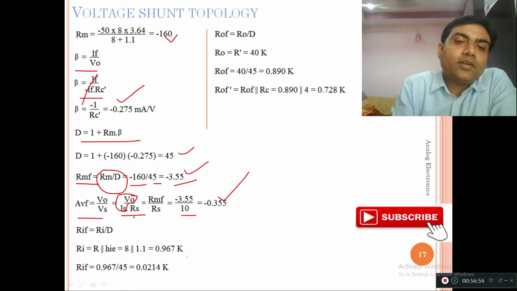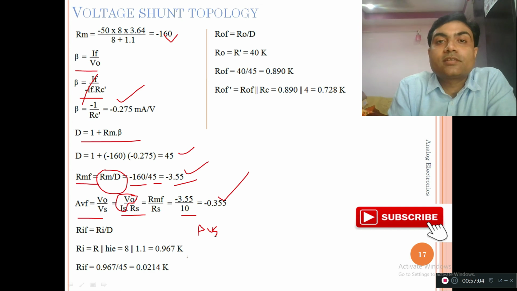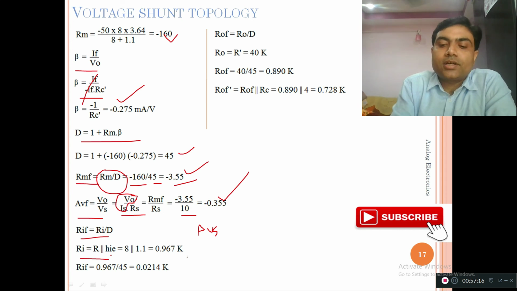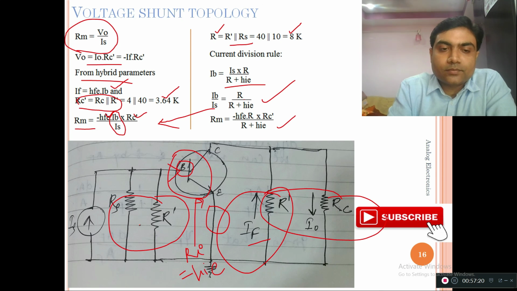If you remember, AVF is nothing but the same AVS which we calculate in low frequency analysis. AVS, V naught upon Vs with the source voltage. RIF is nothing but Ri upon D for the voltage shunt topology. So Ri I have to calculate. Ri is nothing but the parallel combination of R and HIE. So I have to make the R and HIE. This is R, the combination of RS plus.